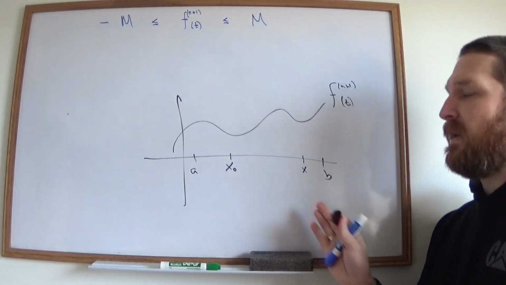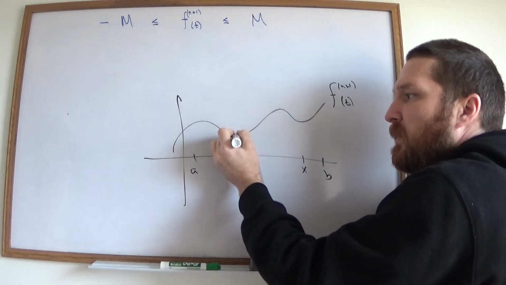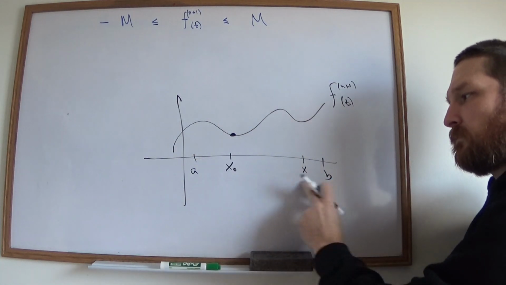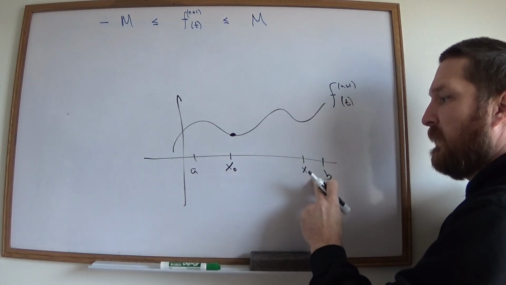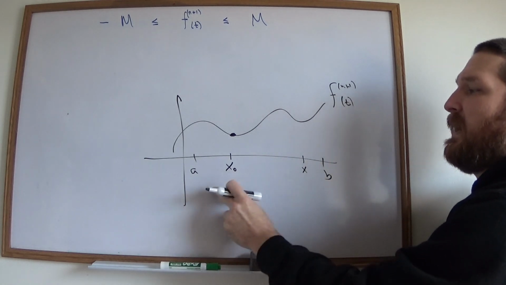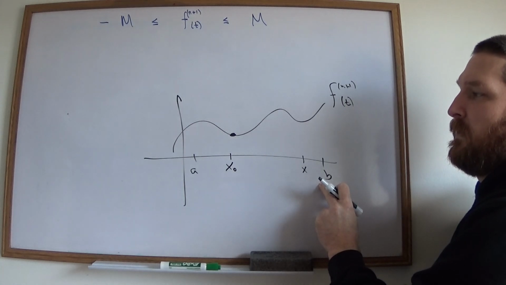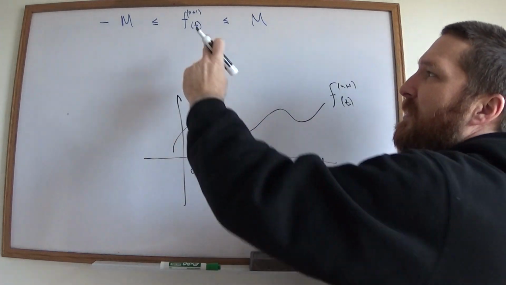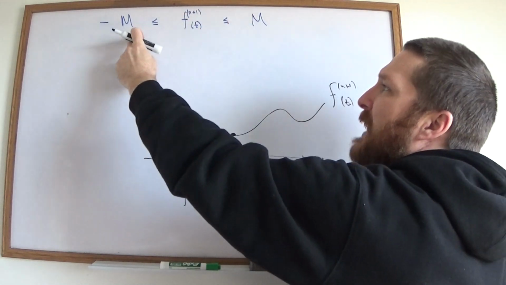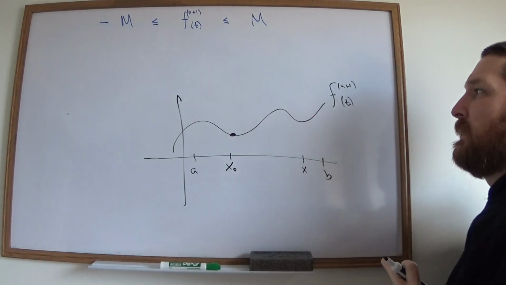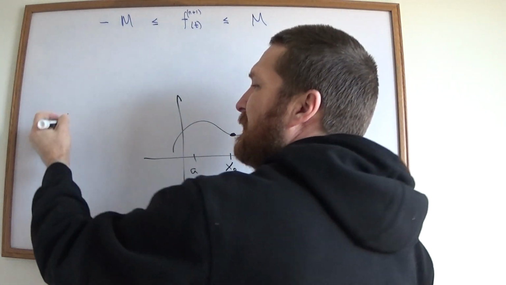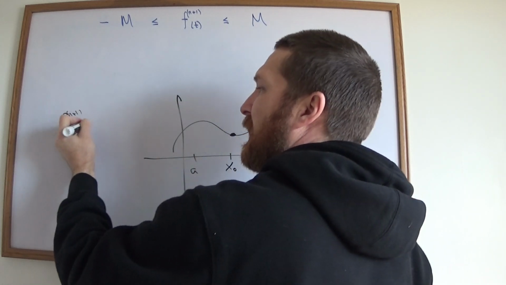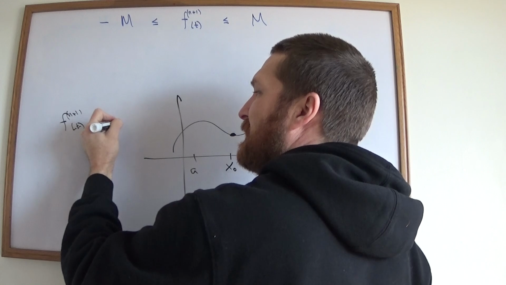Okay, so we have some fixed x0, somewhere we know what the output is. And we want to know, given any other x in that interval, if we could say that this function is bounded between here and here. So for instance, let's say that the n plus first derivative of this function is, I don't know, sine t.